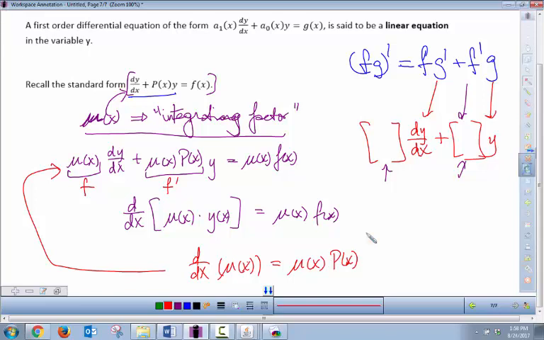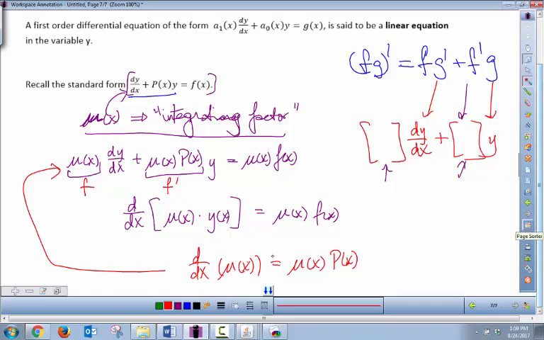How do we find mu here? Well, it's hard to integrate because there's a mu over there too.